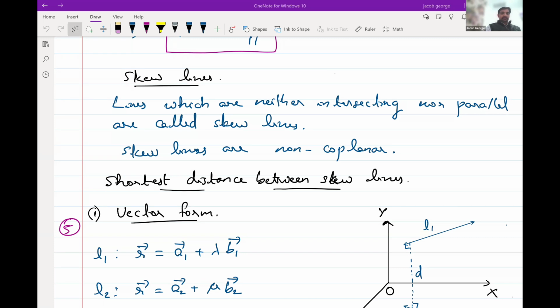Lines which are neither intersecting nor parallel are skew lines. You will get either vector form or Cartesian form. So the formula is in what form for shortest distance? Vector form. That means if you get Cartesian form, you will convert it into vector form.